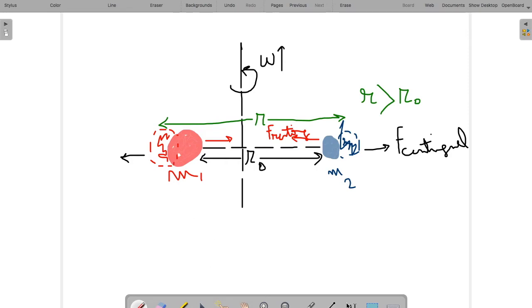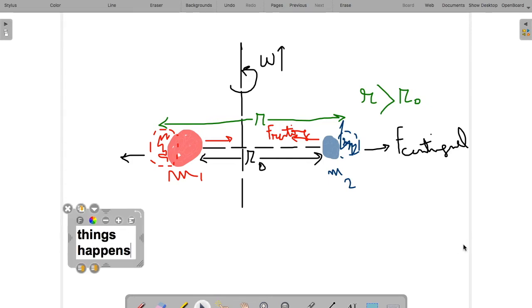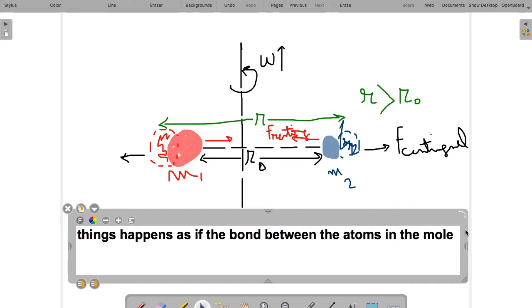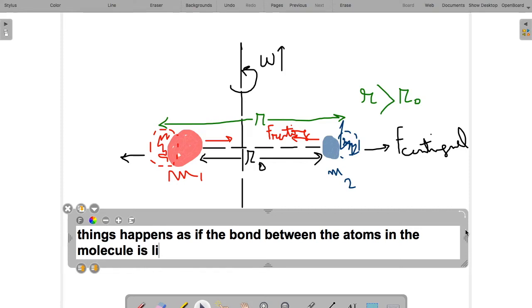Things happen as if the bond between the atoms in the molecule is like a spring having a spring constant, call it K.